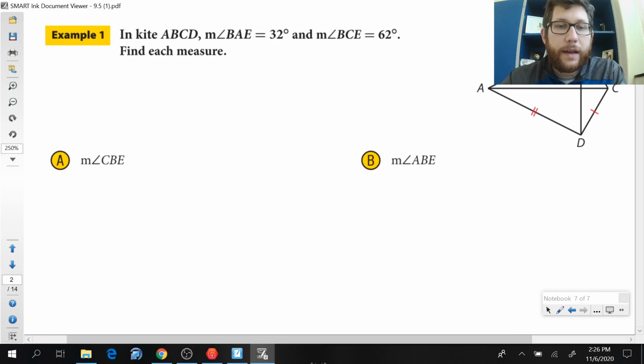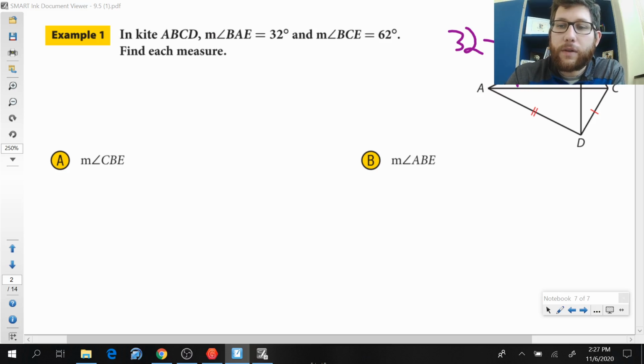So I've got this kite. I know that BAE is 32. And I know that BCE is 62. So BAE, that guy right there, that's 32. And BCE, this guy right here, that's 62. Okay? And so the first one they asked for is CBE.